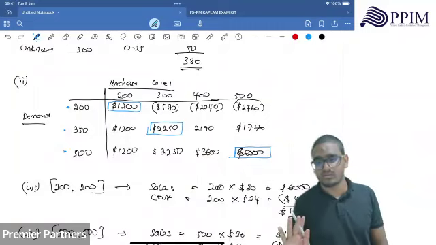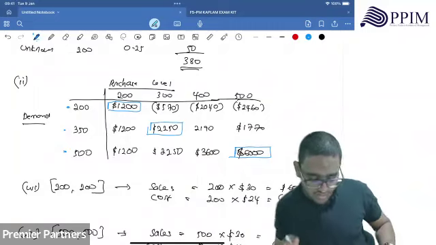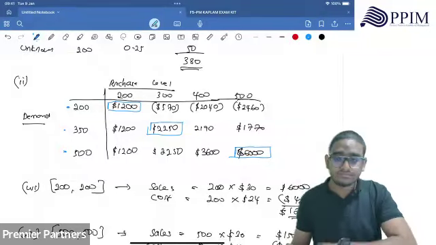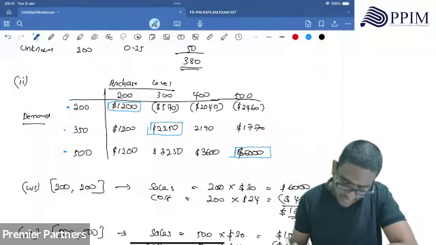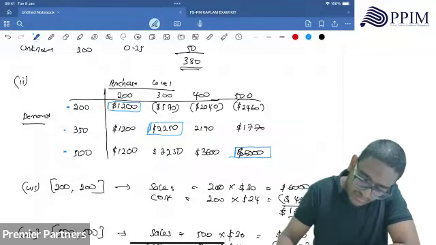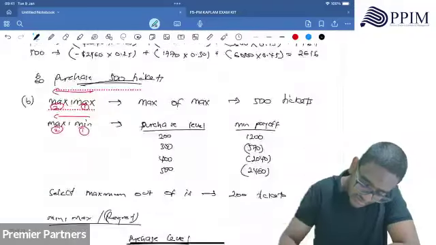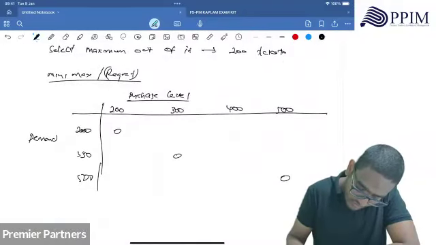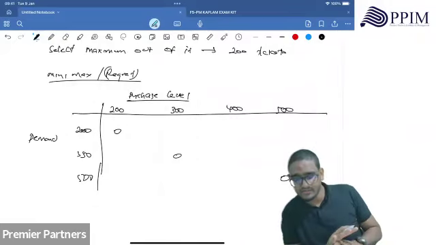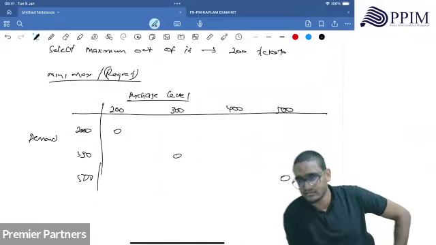This is a cheat code to do regret tables. 250 is the best choice. So you mark this as your best choice. So when you go to your regret table, that same point you will put 0. Everywhere else there is a regret.